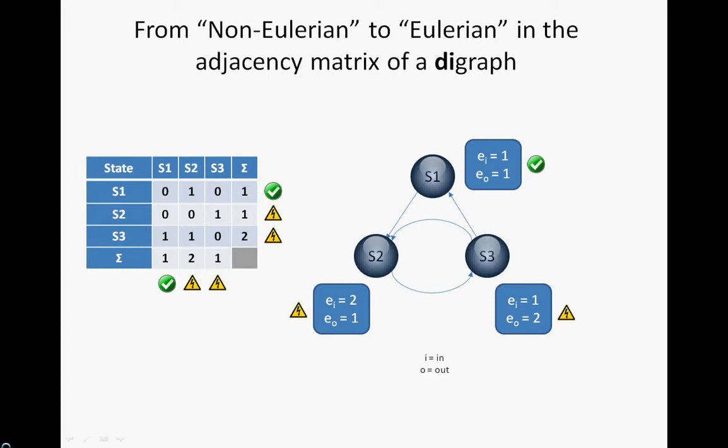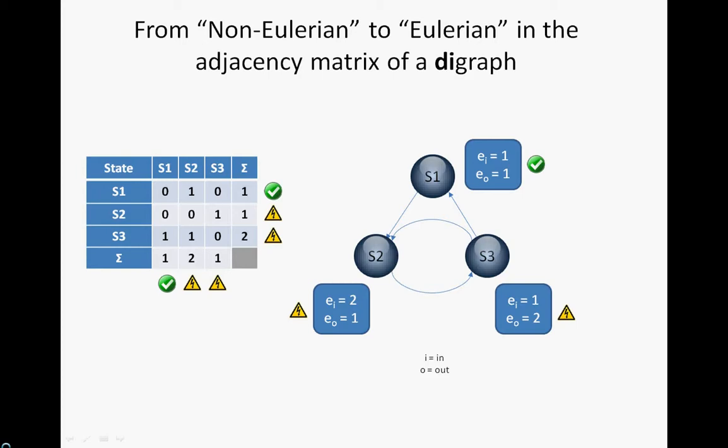Let's come back to the graph on the right-hand side and have a look at each individual node of the digraph. We start first with the node S1. You can see that there is one incoming edge and one outgoing edge, so both numbers are equal.